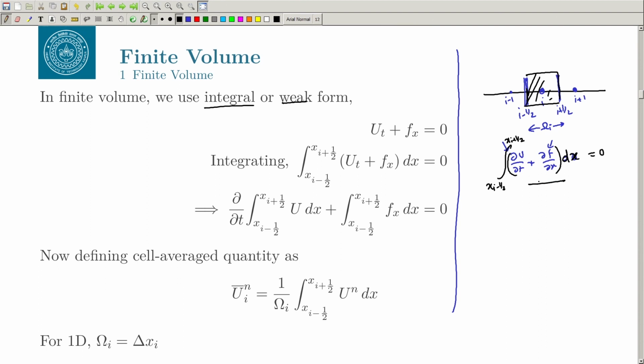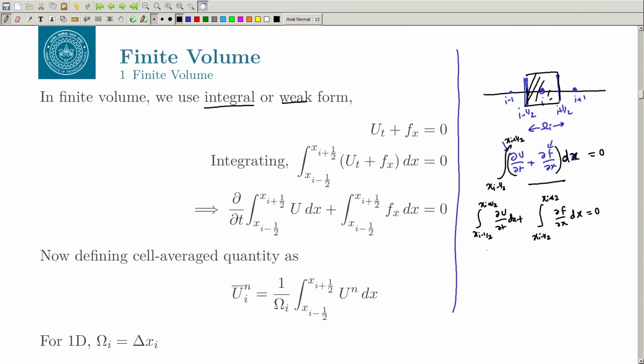We can separate this out: the integral from x I minus half to x I plus half of del u by del t dx, plus the integral from x I minus half to x I plus half of del f by del x dx, equal to 0.